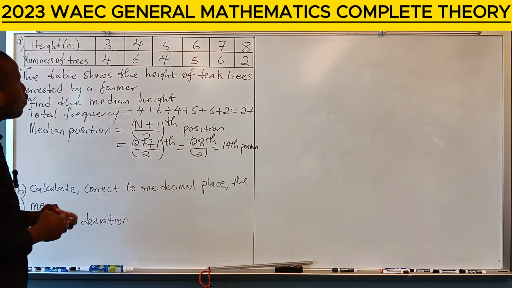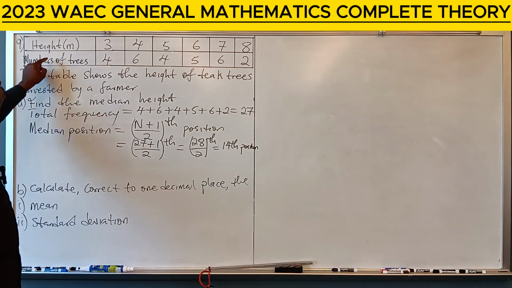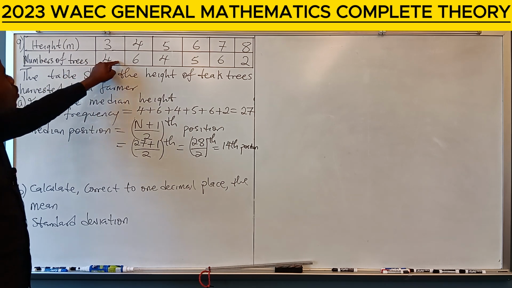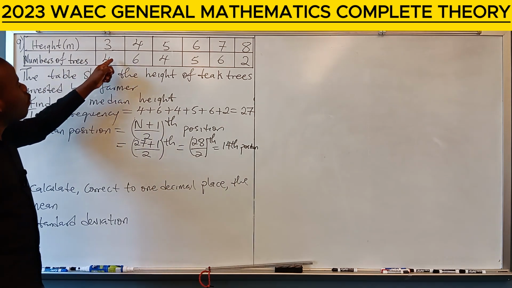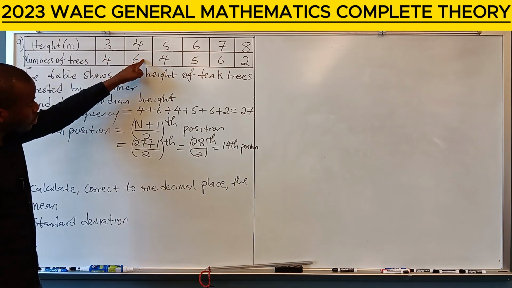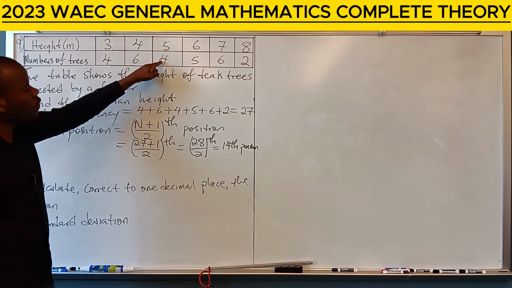So how do we get the 14th position? We'll go to the number of trees and start looking for the cumulative frequency. 4 plus 6 is 10. 10 plus 4 is 14.